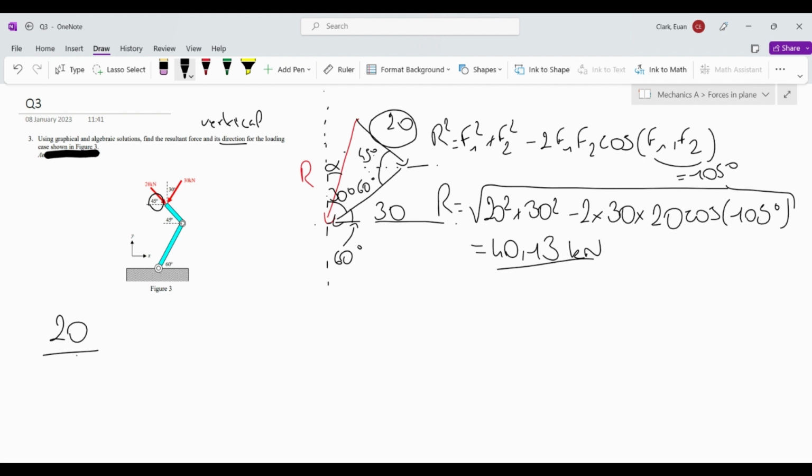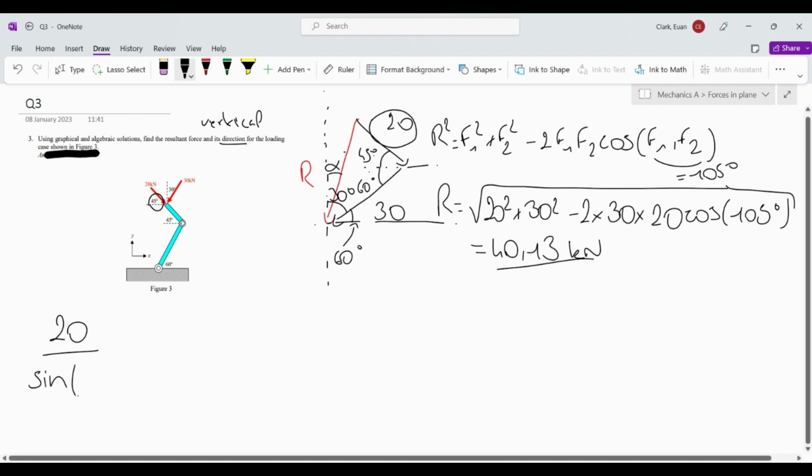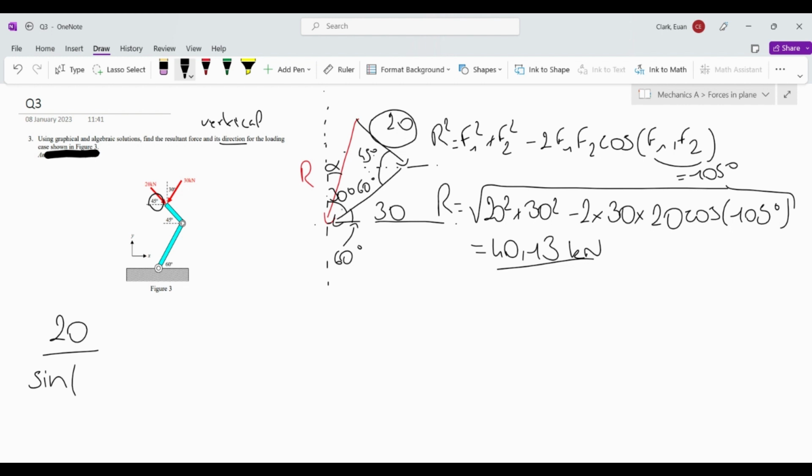This is where it gets quite tricky, and we need to make sure we choose the right angle. This big angle here is 30 degrees, and the small angle is alpha, so the angle inside the triangle is 30 minus alpha.